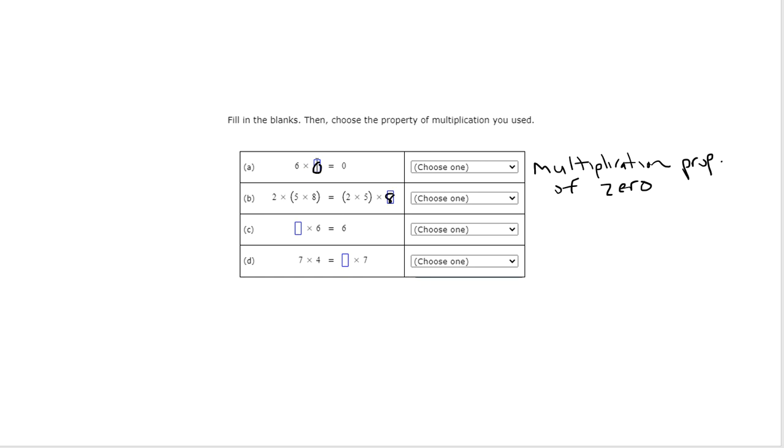So this one, you can see that the 5 and 8 are being multiplied first on the left side and then by the 2. And on the right side, the 2 and 5 are being multiplied first and then by the 8. So that is the associative property. The associative property says it doesn't matter who you associate with first when you are multiplying or adding.